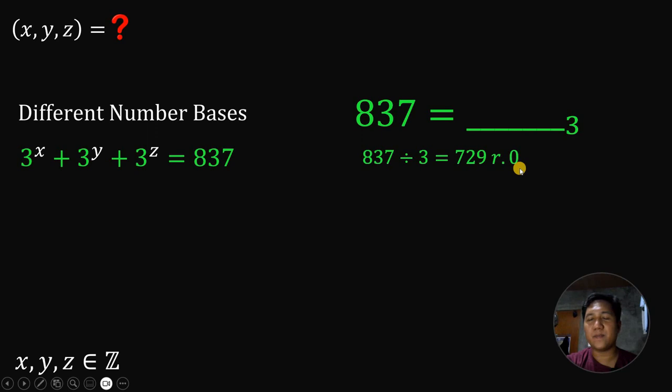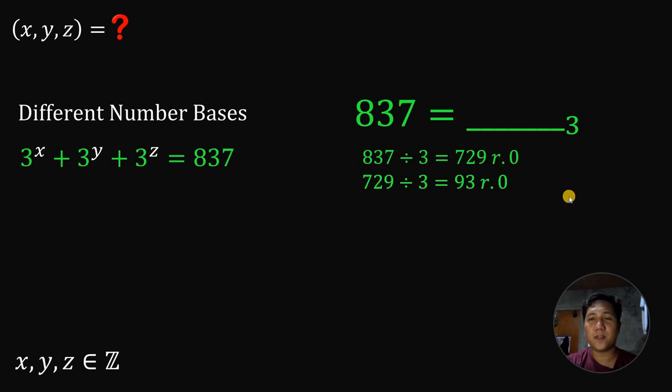This remainder is very important later on. The next step is to take the quotient and divide it by 3, get the quotient and get the remainder.